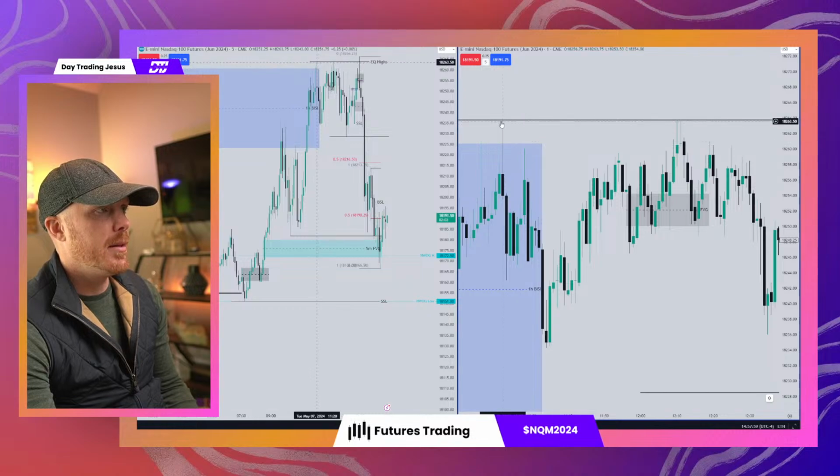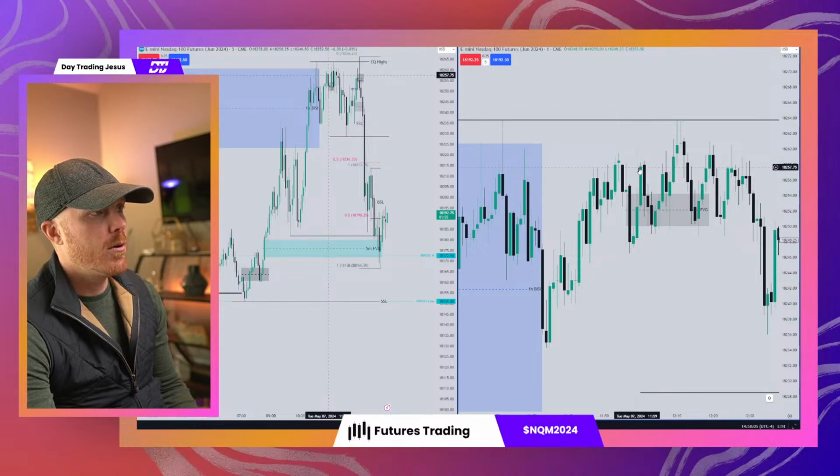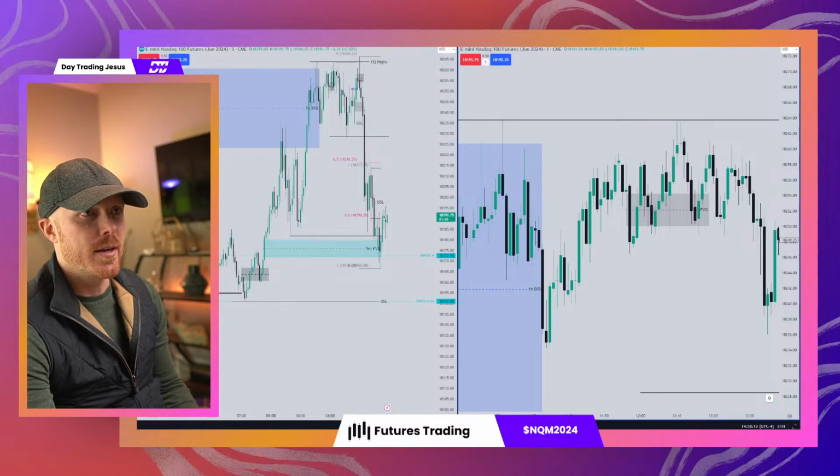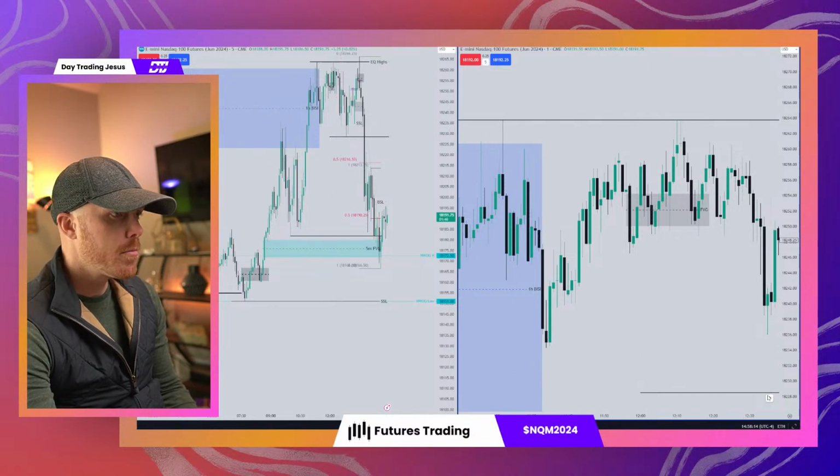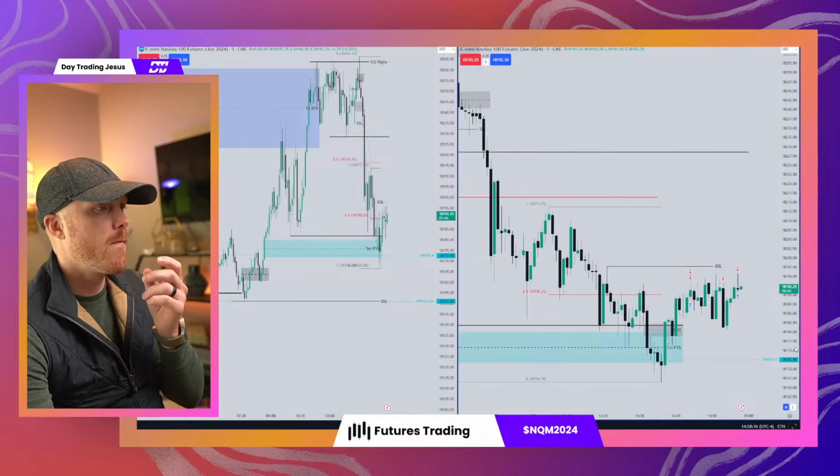Maybe this high, maybe that high. We did. We just retraced too far for me to want to stay in, and I was in way up here, and my drawdown was 10 handles, and that's where my stop loss is, so I wanted to respect that stop loss.